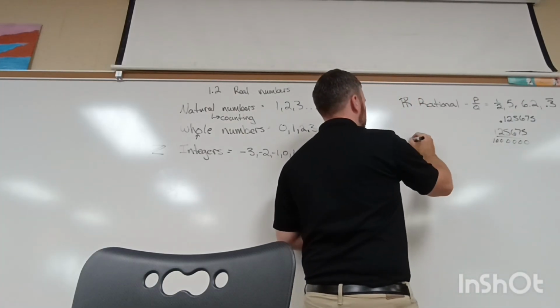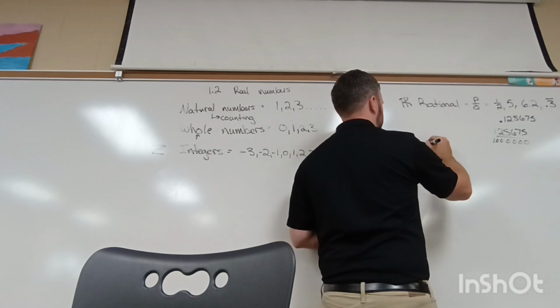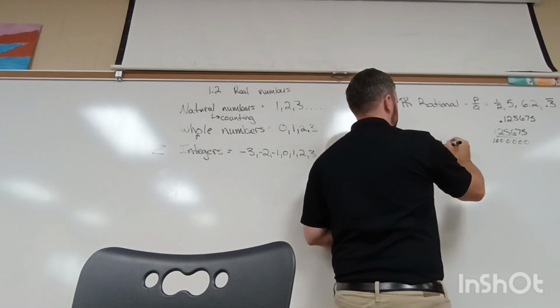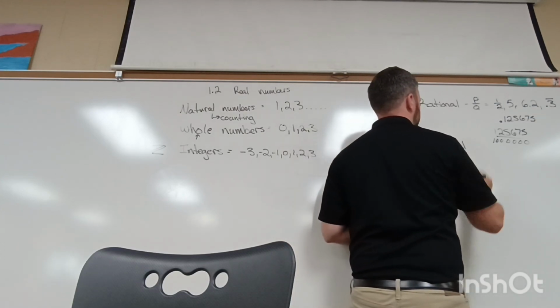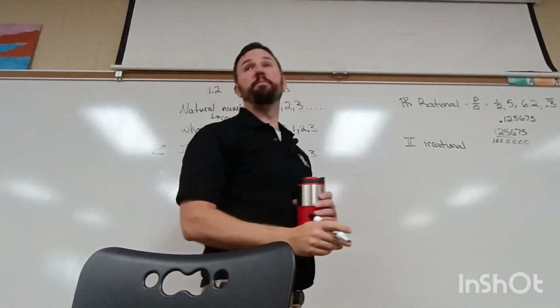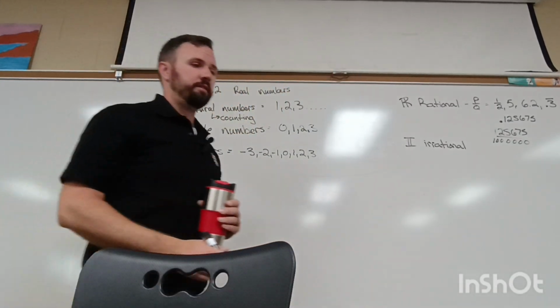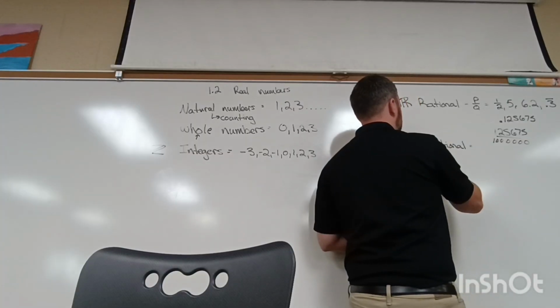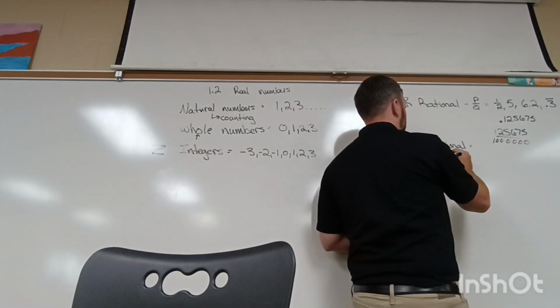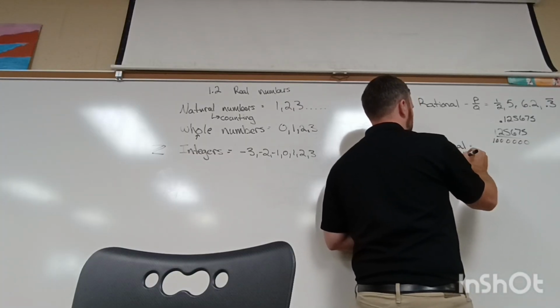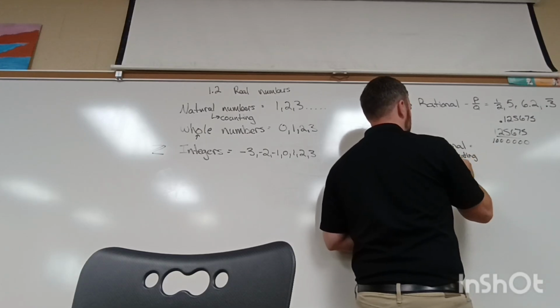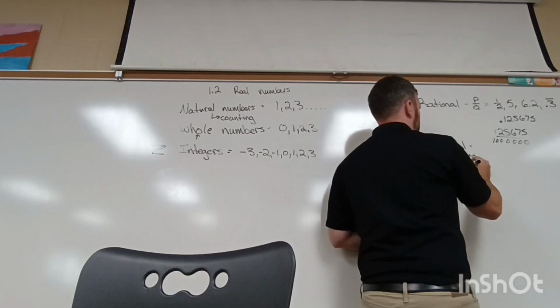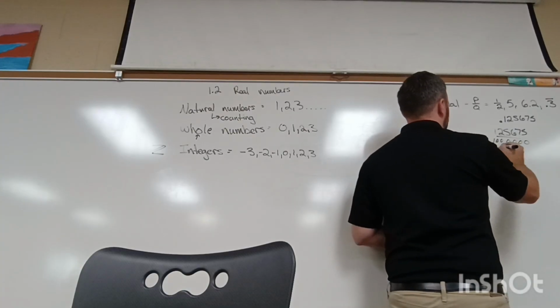What about irrational? All right, so irrational numbers cannot be written as a fraction. So these are going to be things, think about non-repeating decimals is pretty much what it comes down to. Everything else is going to be rational. So like square root of 2.